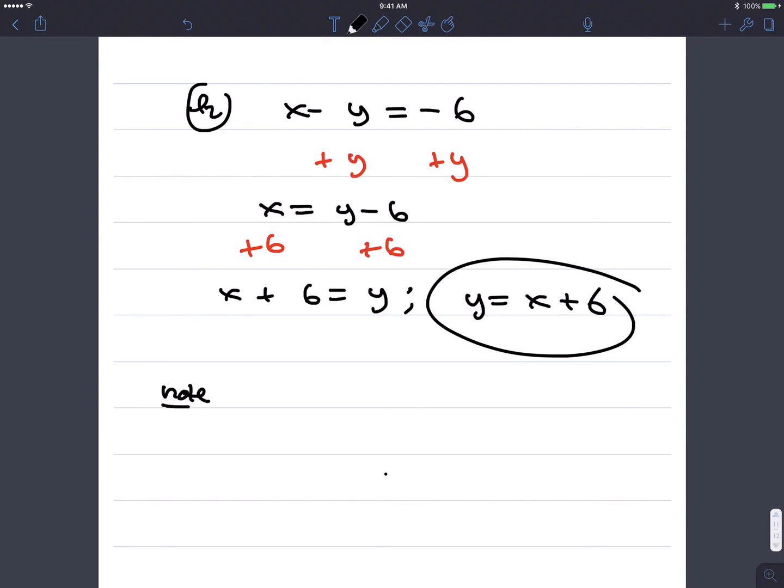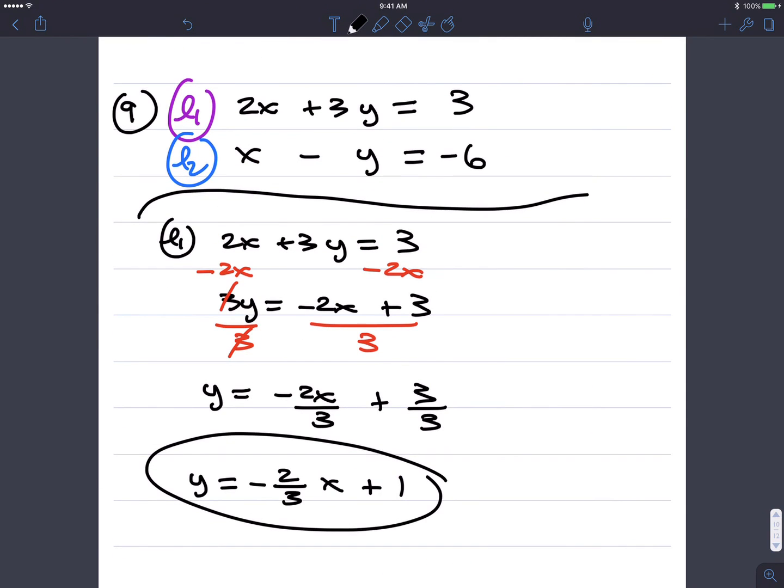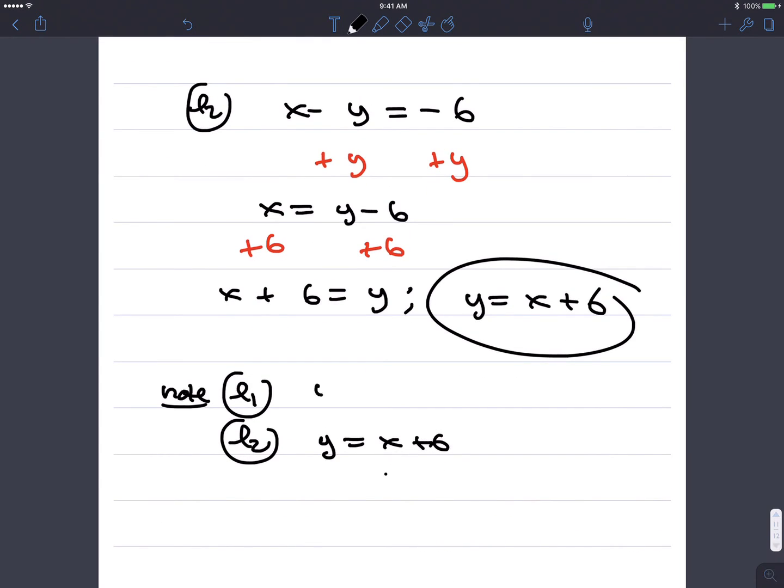So let's note line 1 and line 2. Line 2 is y equals x plus 6. Line 1 is negative 2/3 x plus 1. We're going to graph these.